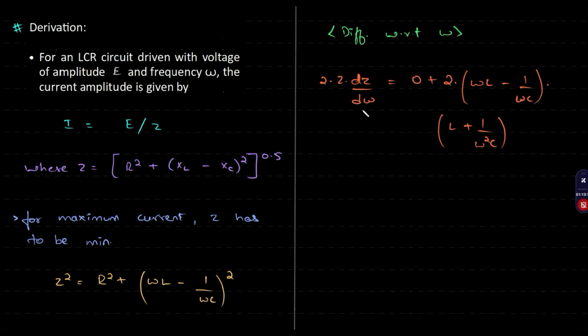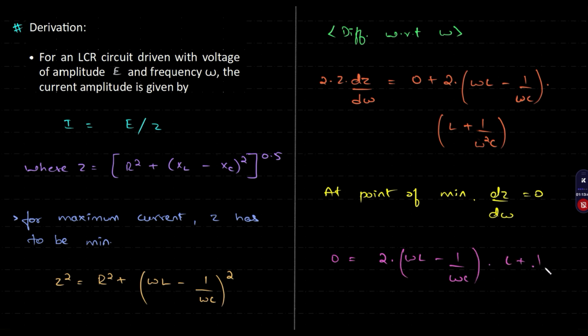Okay guys, now at the point of minimum, the derivative will be equal to 0. So 0 is equal to 2 times omega L minus 1 by omega C, times L plus 1 by omega square C. So the 2 and 0 get cancelled and we have two expressions.